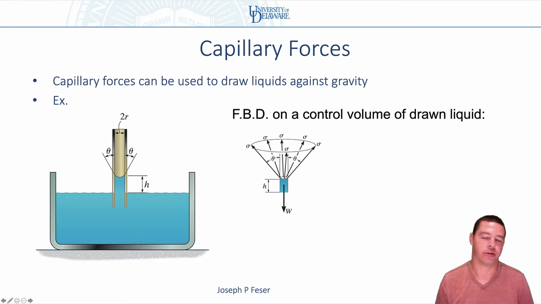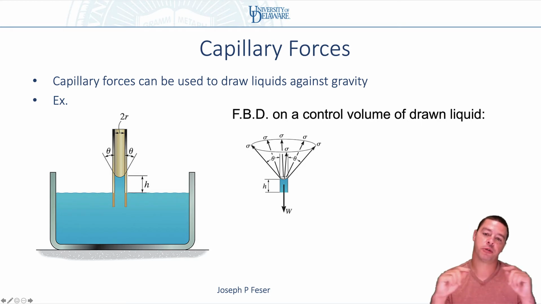Water is very strongly attracted to the sides of glass, so the contact angle is less than 90 degrees. If I think about the edge where the liquid contacts the solid, there's a surface tension force. In the case of water, that's almost 72 millinewtons per meter.